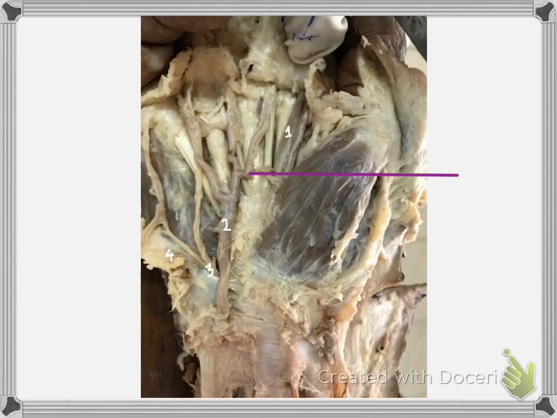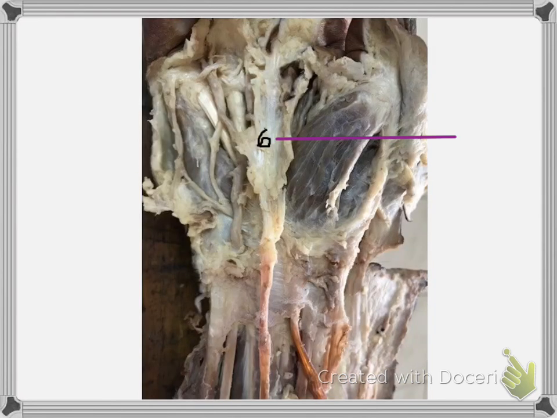Next, identify this structure. It forms a nice arch. So, what is it? Yes, this is superficial palmar arch. It is a continuation of ulnar artery, 2 over. And next, identify the structure. It is coming from this tendon, the continuation of this tendon.